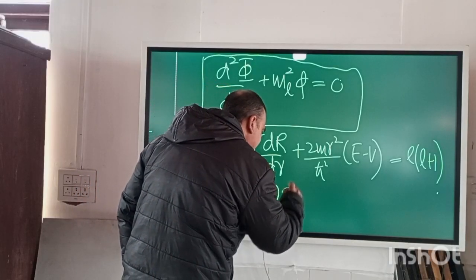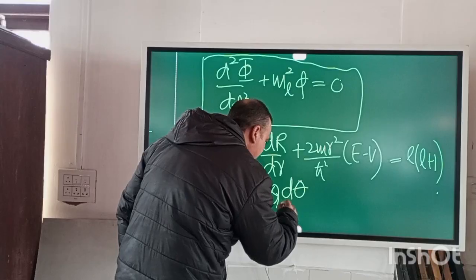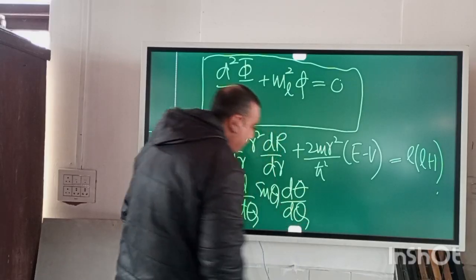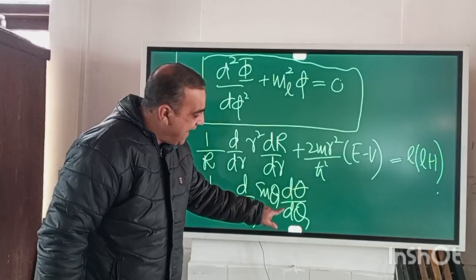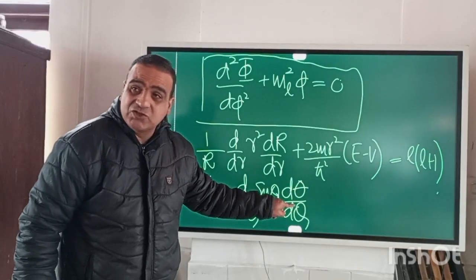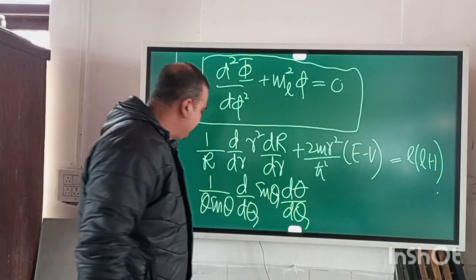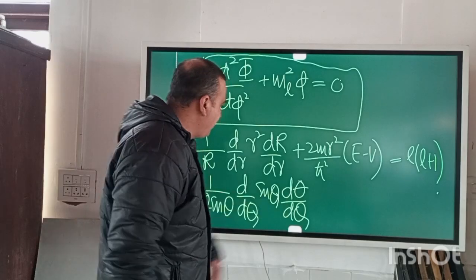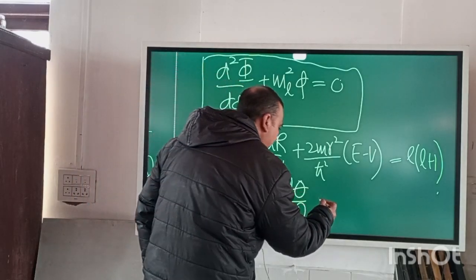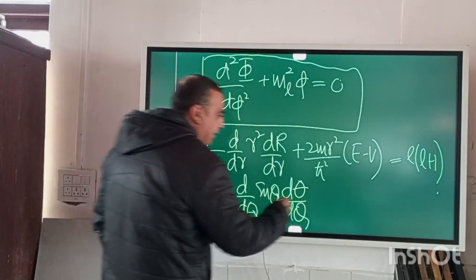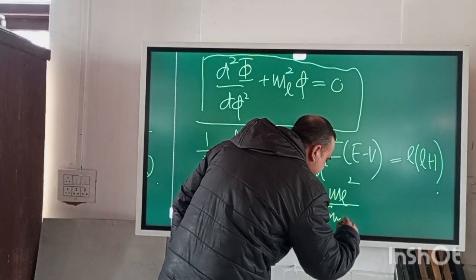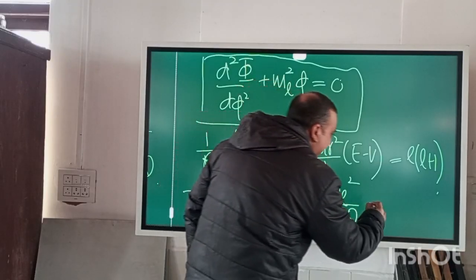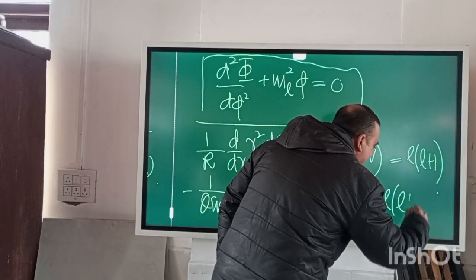The third equation was 1 by theta sine theta d by d theta of sine theta d theta by d theta. This theta is the capital theta, and the theta that I gave the curl is the small theta, the actual angle. Then this was minus, plus ml square by sine square theta is equal to L into L plus 1.